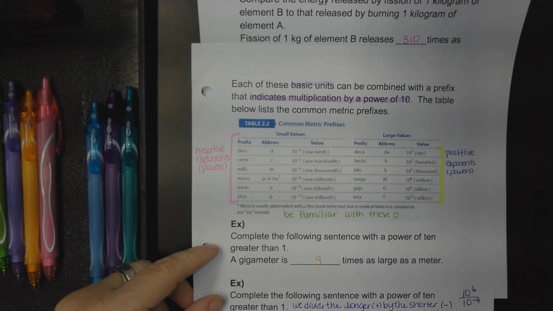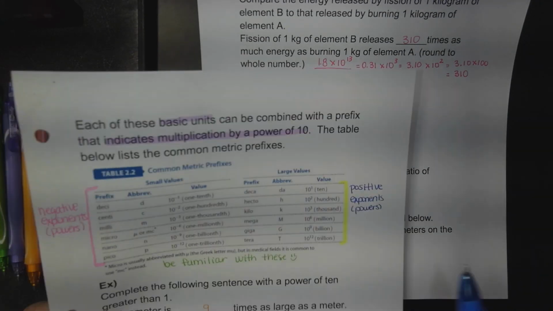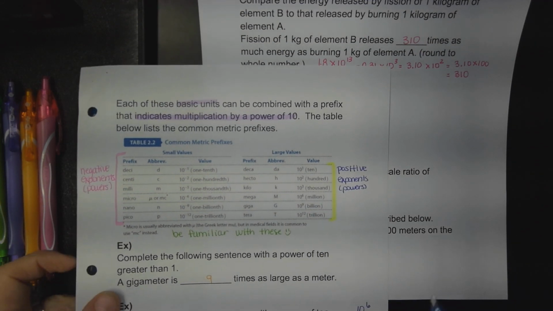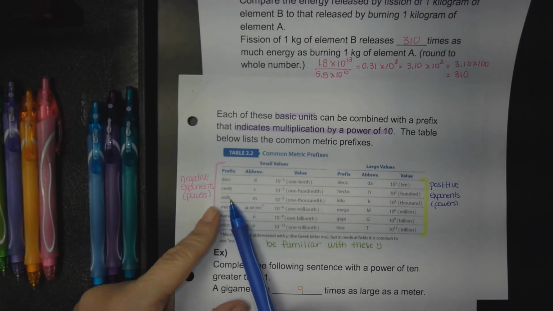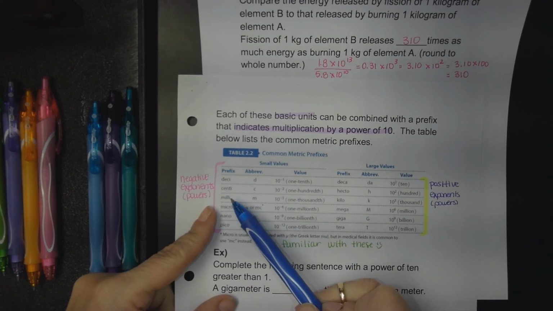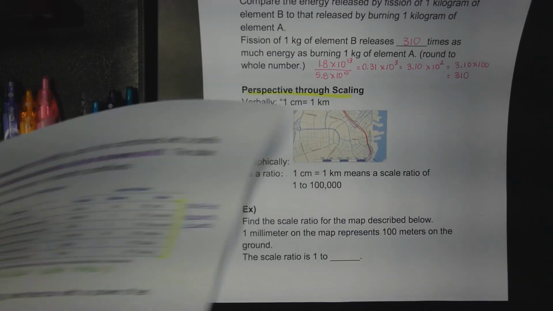So we know we're dealing with meters, and we want millimeters. So I always look at this, and I think meter. So we're going to deal with millimeter, which is here. And every time you're going up by 10.